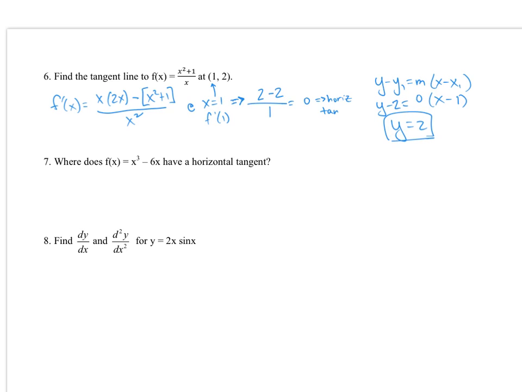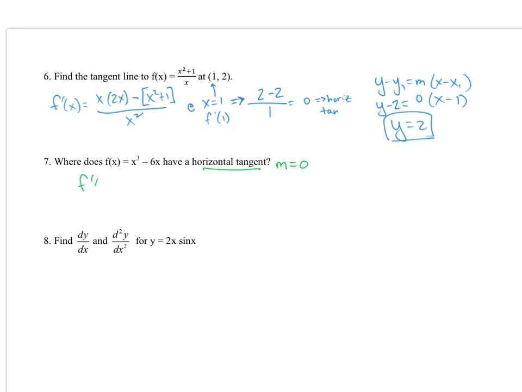Alright, moving on to the next problem. We want to know where f of x equals x cubed minus 6x has a horizontal tangent. So this time I'm being asked, where is the horizontal tangent? Well, what happens when we have a horizontal tangent? We know that the slope has to be 0.